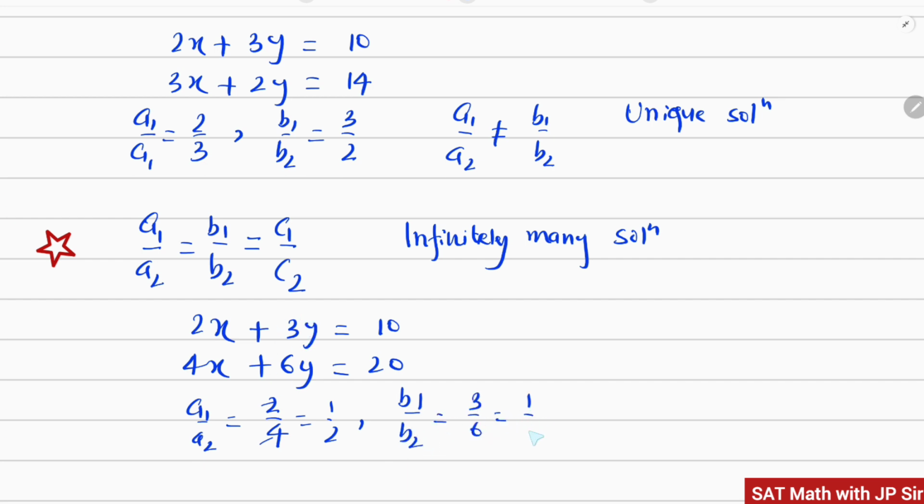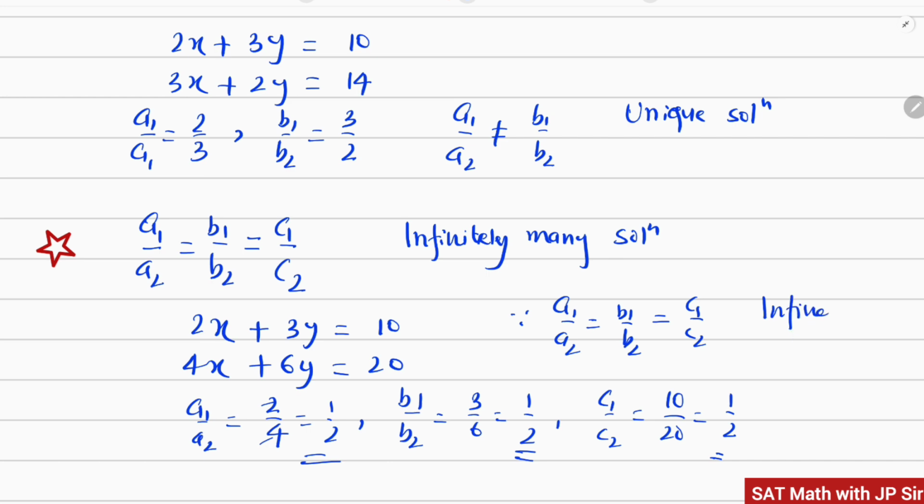If you simplify this, you get 1 upon 2. And now c1 upon c2 is 10 upon 20. If you simplify this, you get 1 upon 2. So all these are equal. So you can say here that since a1 upon a2 equals b1 upon b2 equals c1 upon c2, it means we have infinitely many solutions.